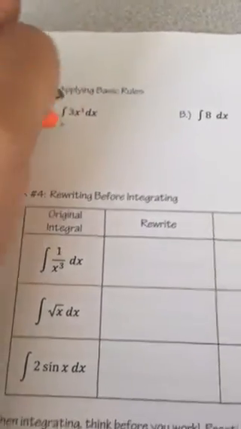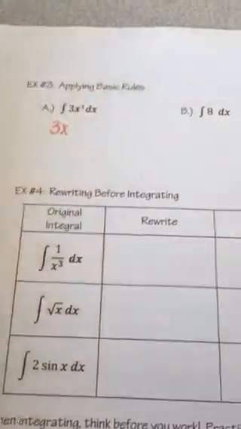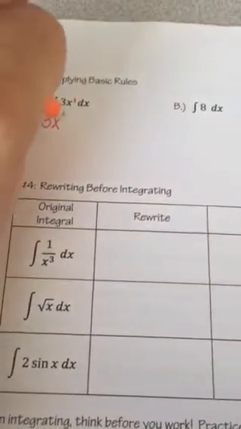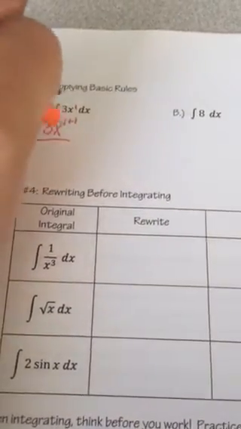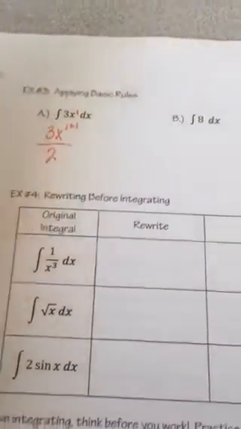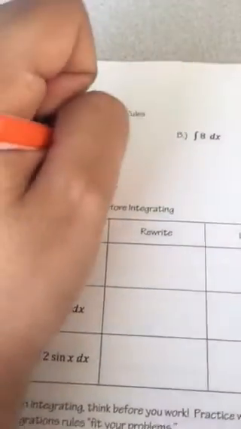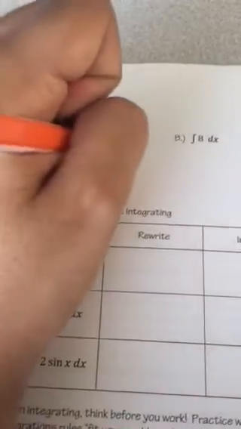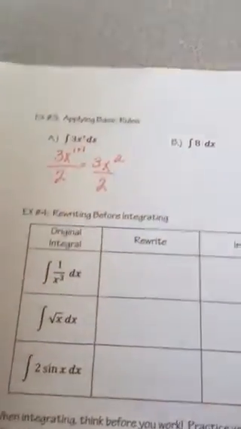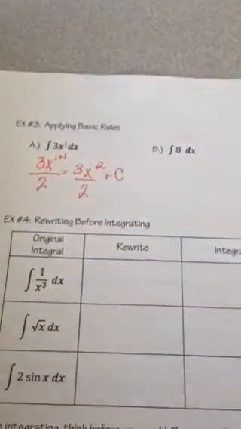Well, 1 plus 1 will give us 2, and we leave our constant of 3. So 3x to the 1 plus 1, divided by this new exponent, which is 2. So our final answer will be 3x squared over 2. Given that we don't have any boundaries, we have to include that plus c.